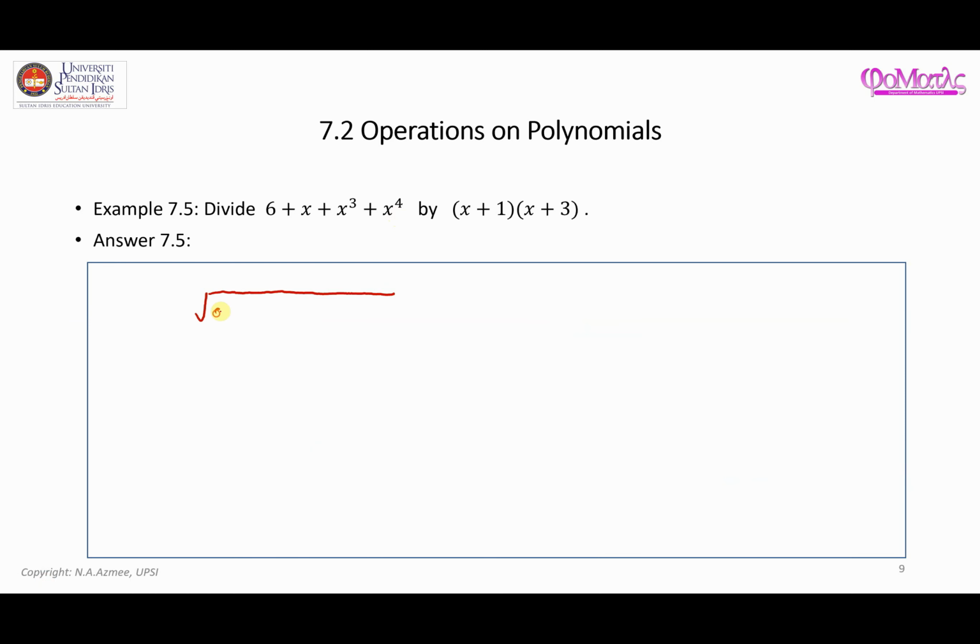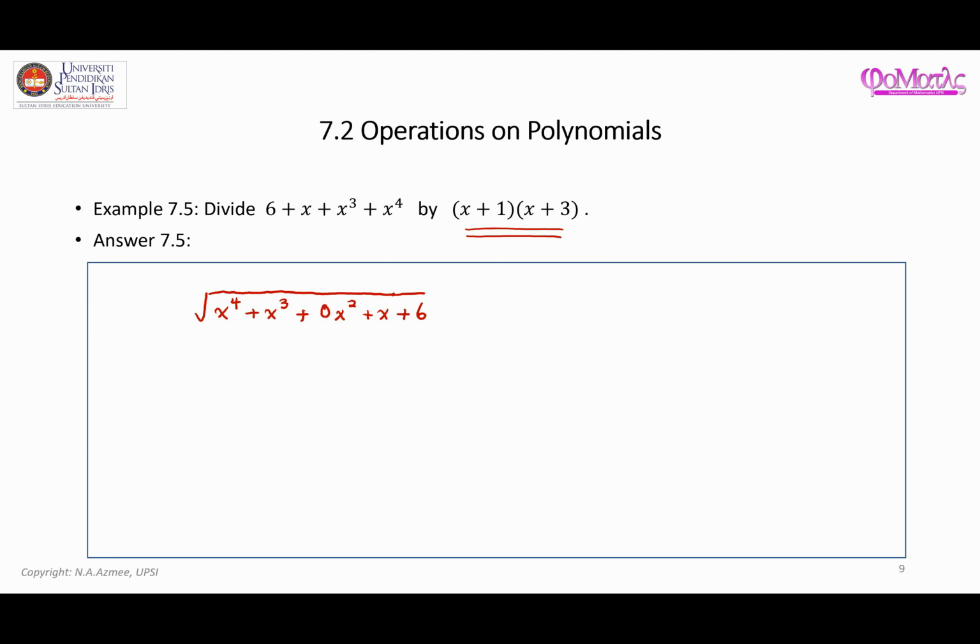The highest degree is x to the power of 4 plus x to the power of 3, and you can see that x to the power of 2 is missing, but we're going to write down x to the power of 2 in terms of 0 times x to the power of 2. Okay, and then we move on to x plus 6. Okay, so now the powers are all in order. So 4, 3, 2, 1, 0.